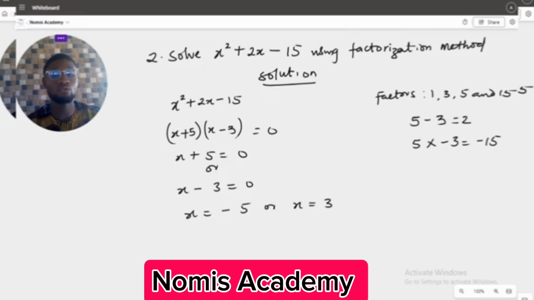So the possible values of x are minus 5 or 3, which are the roots of the equation.